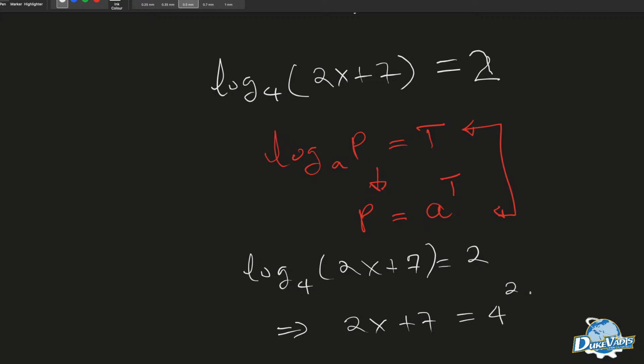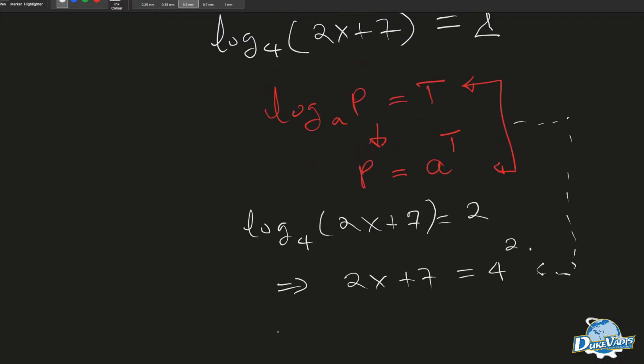Having said it, we have applied the same principles that we learned earlier. So straight on, 4 squared will be equal to 16. When we square 4, we get 16.